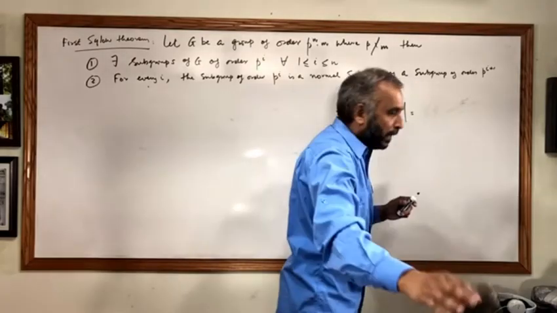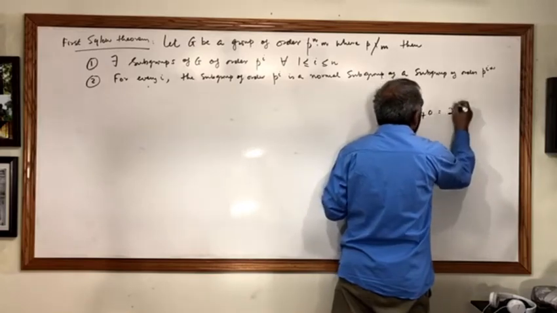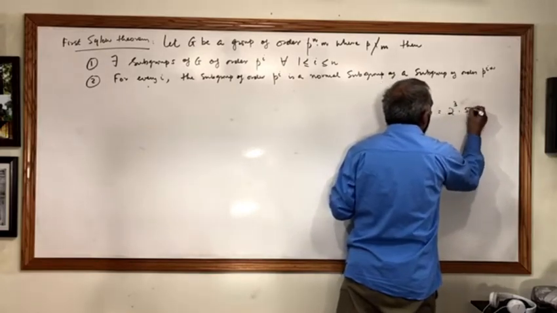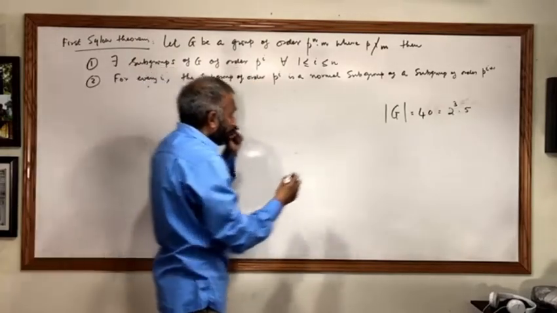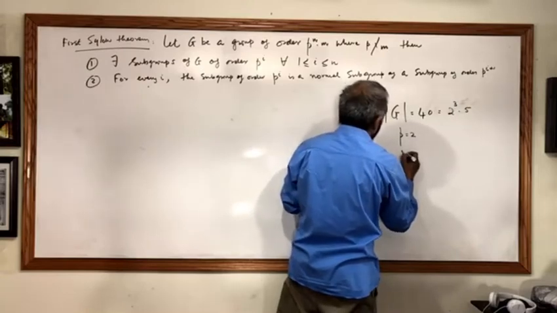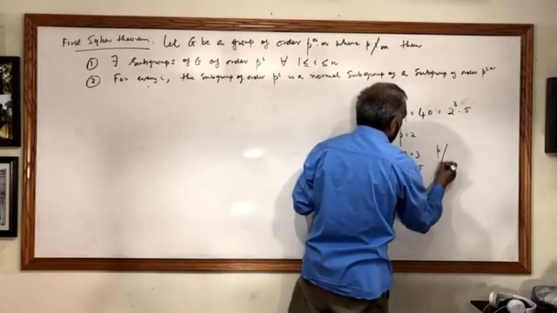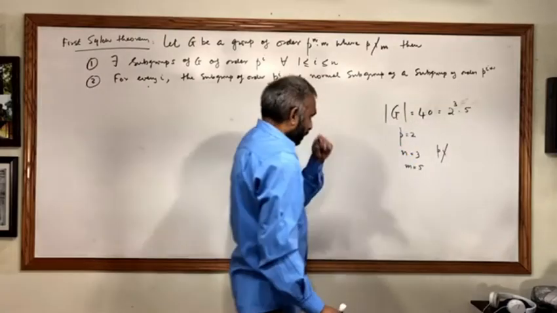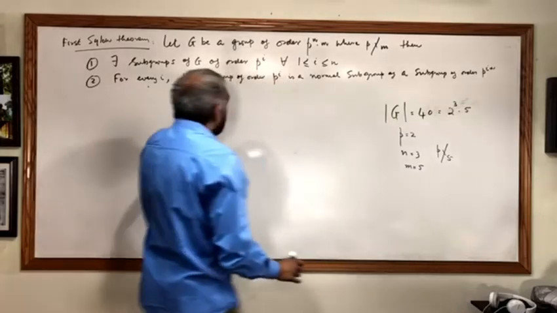So let us make it as 40, and that is 2 cube times 5. So this satisfies all the conditions here. Here p is equal to 2, n is equal to 3, m is equal to 5, and p does not divide 5. So all the conditions are satisfied.